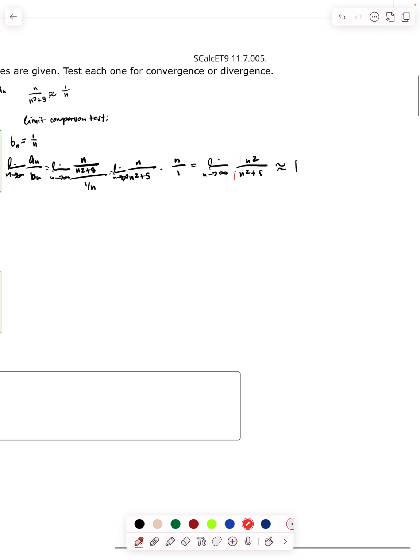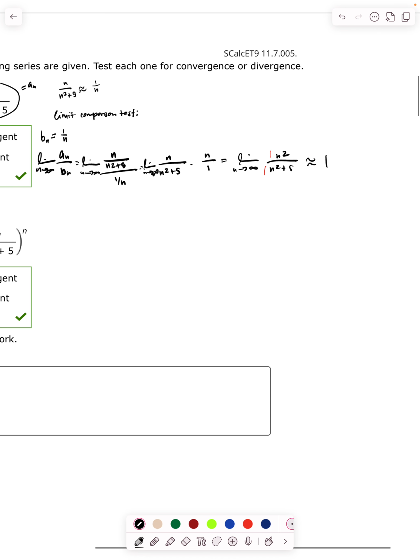And what does this tell us? The basic idea of the limit comparison test is if I know that something diverges, and I compare that famous divergent thing with something else I know less about, and the ratio is approximately 1, then the rate at which they're diverging or converging is the same.